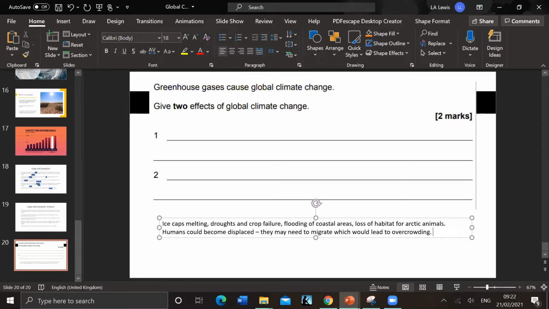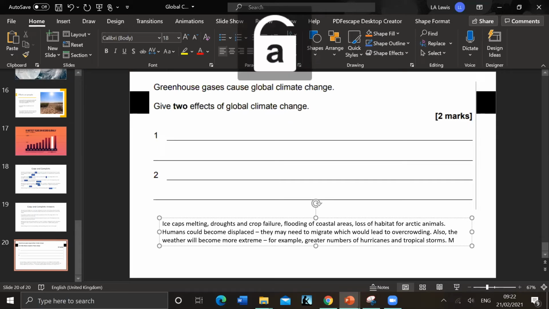Okay, and also the weather. So pick 2 out of these things for your answer. I'm just sort of giving you more information. Also, the weather will become more extreme. For example, greater numbers of hurricanes and tropical storms.